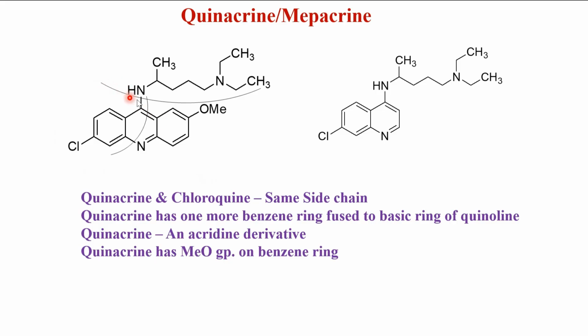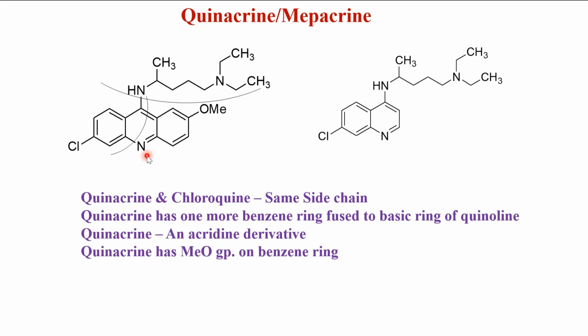We are removing this side chain, which we have to prepare separately, and here is the acridine ring system, a three-membered fused ring system. If I break over here, I'll get the chloro group here and an alkyl group here.